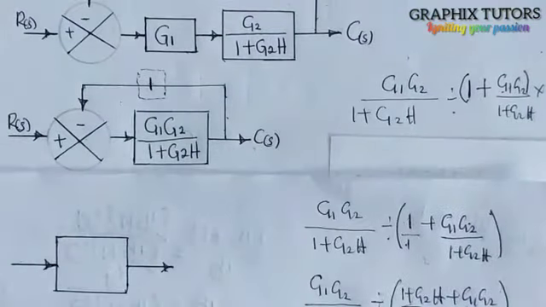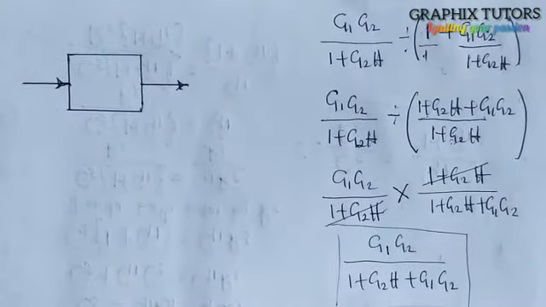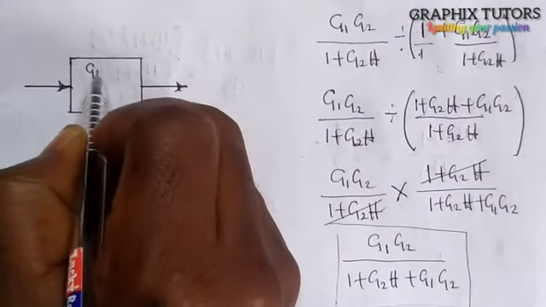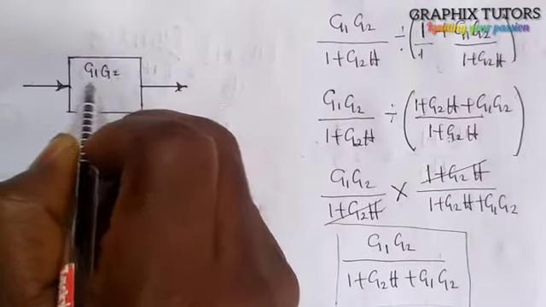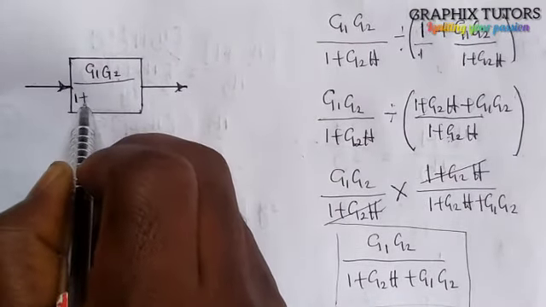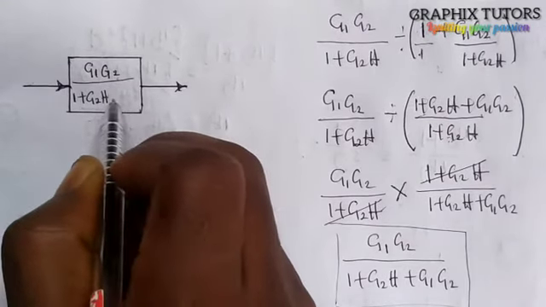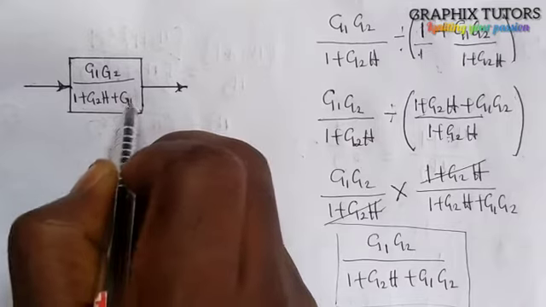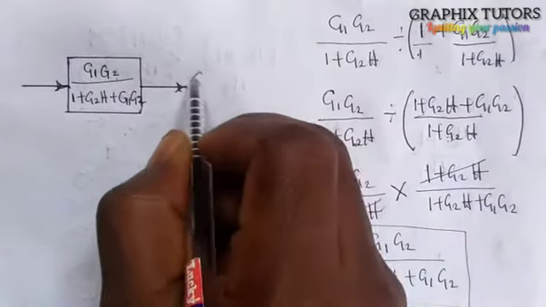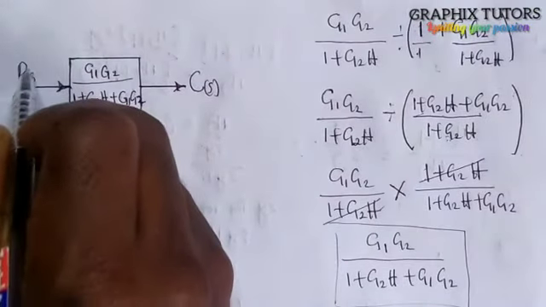Let's write it out. What we got here is our final value, which is G1 G2 all over 1 plus G2H plus G1 G2. This is C(s), the output, and this is R(s), the input.